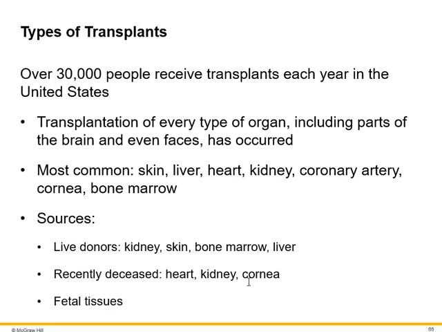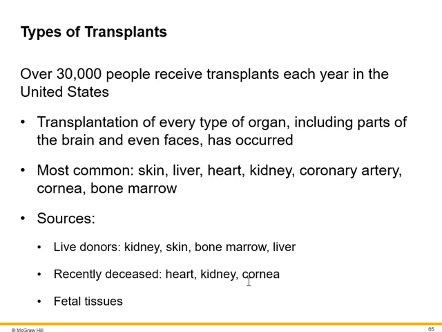So there are lots of different types of transplants. There are live donors, there's people who've recently deceased, so a cadaver donor, and then fetal tissue can be used as a donor. And they can transplant skin, liver, hair, kidney, coronary artery, cornea, bone marrow.